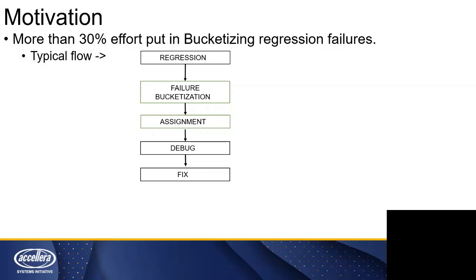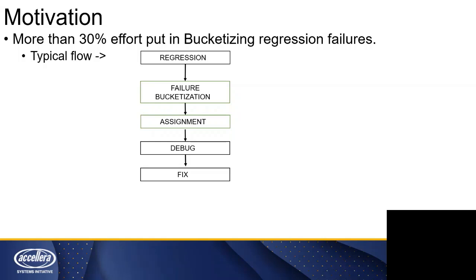Despite the growing regression pain in bucketization, it is typically handled by high-level debugging, such as grouping similar errors together. And these inaccuracies reflect into adding additional debugging overhead in the detailed analysis stage.